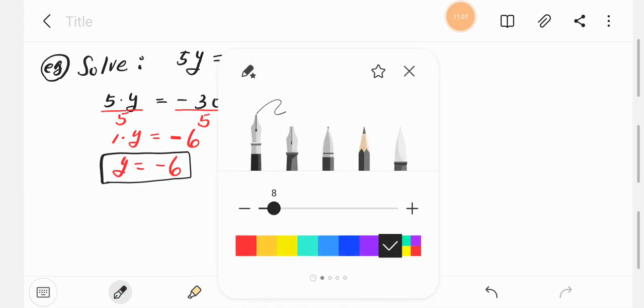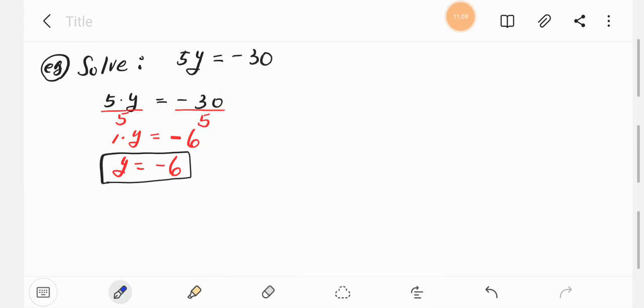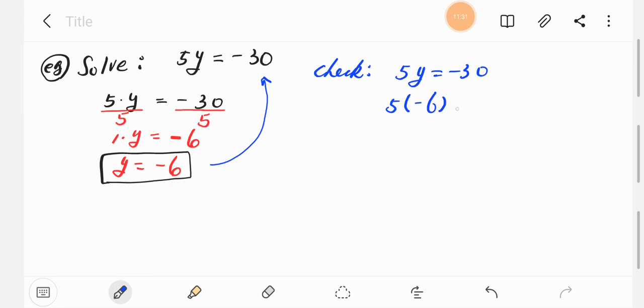Then how do you know if this really makes sense? Now substitute y with negative 6. Let's check. You don't have to check, but I just want to make sure I got the right answer. So 5y is equal to negative 30. Then 5 times y, the value of y that we just found, is negative 6.